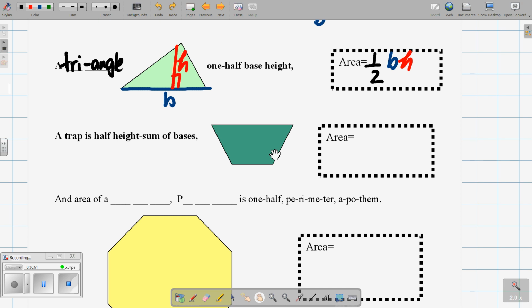A trapezoid is half height sum of bases.